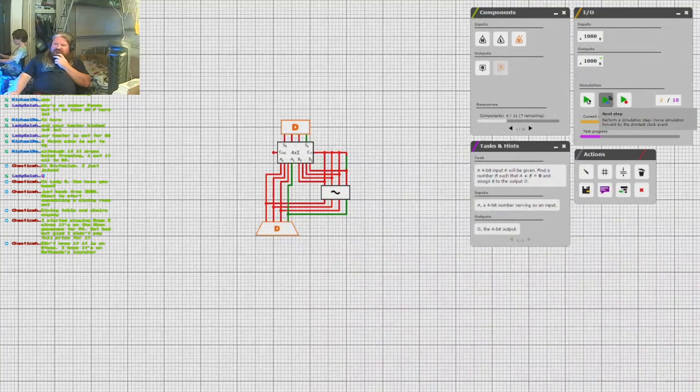I think I broke it because I don't think it's supposed to do that. See, that's why I need frickin' OR gates.